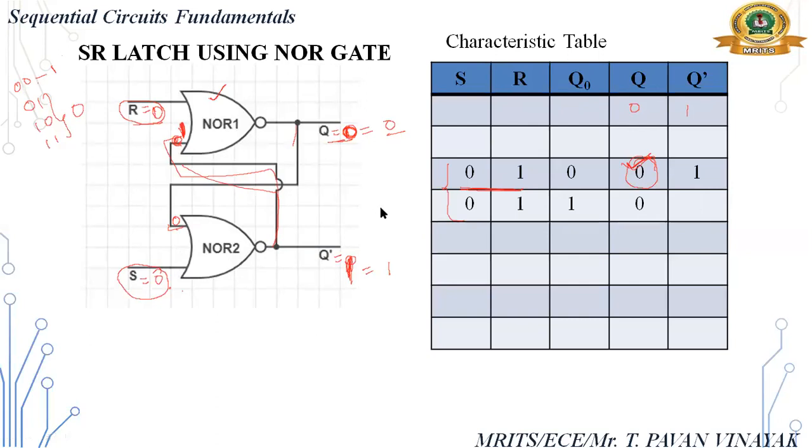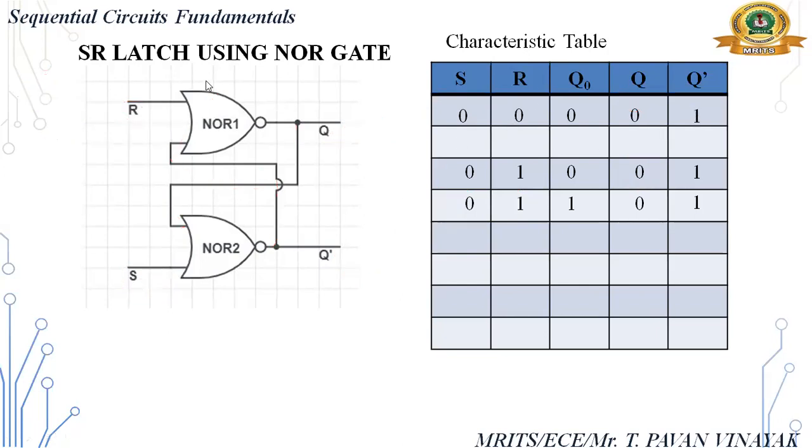When S is equal to 0, R is equal to 0, what is the previous value here? Q. So Q naught, what is the previous value in Q? 0. So Q naught is also 0. Then what output do you get? 0 and 1. What does it mean? This 0 and 1 is the previous value, right?